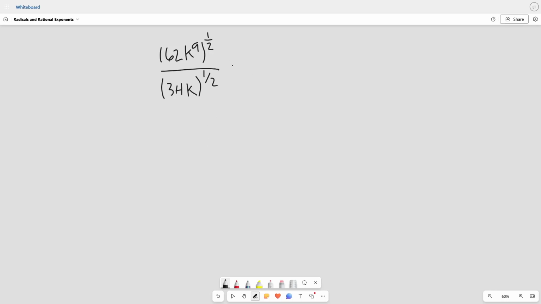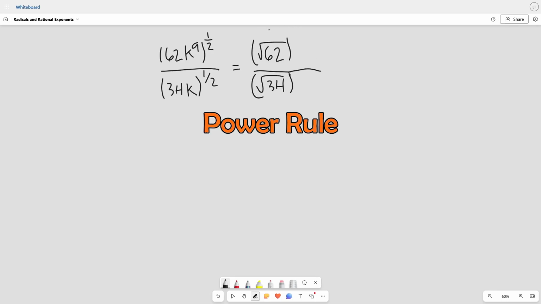What I would do in this situation is I would separate out the coefficients, separate out the 62, separate out 34. 62 is going to be multiplied by k to whatever power. We are going to use the power rule. Go ahead and simplify this. So it will be k to the 9/2, and then this will be k to the 1/2.